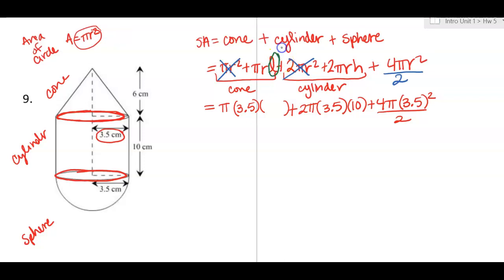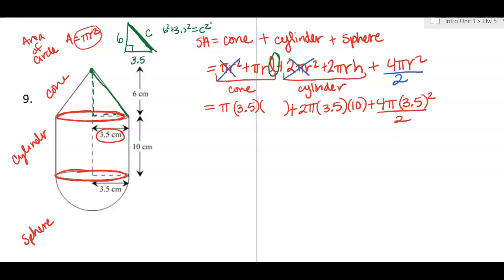In order to get the slant height, which is this part of the cone right here, I'm going to have to do a little bit of work. So notice that that slant height connects here to the actual height of the cone and to the radius. If we separate out that triangle that we just built in the cone, and the slant height is what we're looking for here, which is the hypotenuse of that right triangle, we know that the actual height of the cone is 6 and the radius is 3.5. So we would do 6 squared plus 3.5 squared equals c squared.